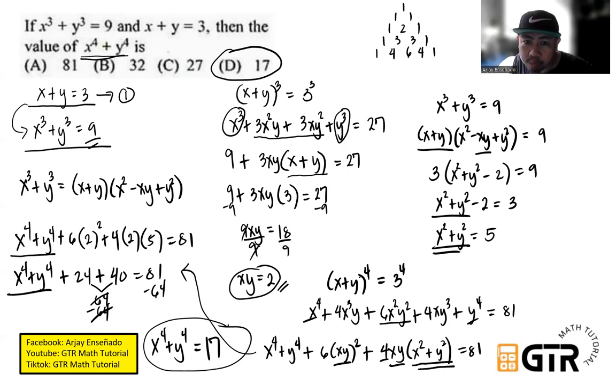So we can easily solve this by using Pascal's triangle, decreasing the exponent of x and increasing the exponent of y. Okay, and then we can have all the values that we need so that we can solve the value of x to the fourth plus y to the fourth. But in this example, we can easily solve this by using trial and error.